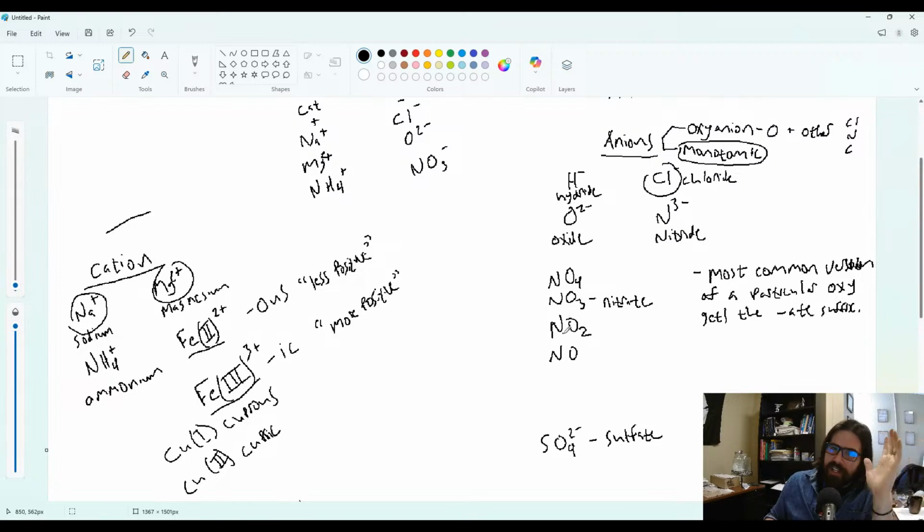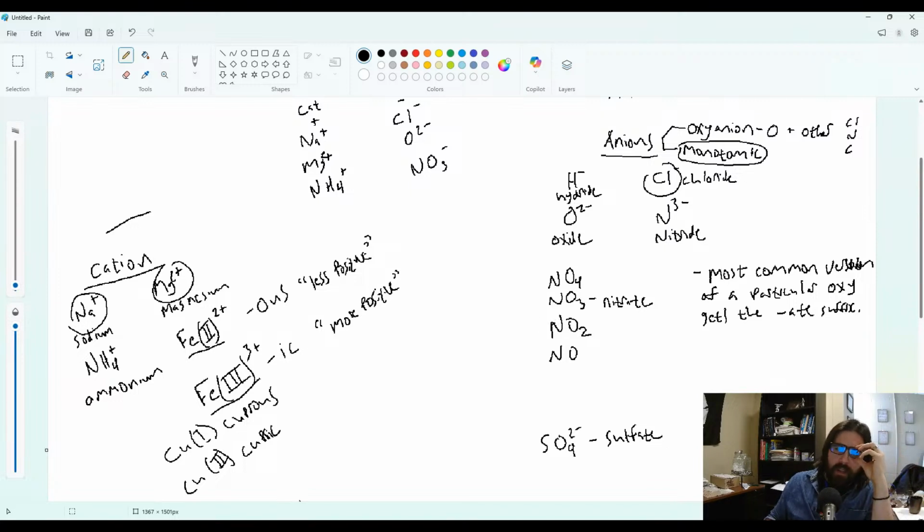So again, just because NO3 is called nitrate doesn't mean that every other combination of sulfur, carbon, whatever, and oxygen needs to have 3 oxygens in order to be called nitrate. You start off by figuring out what is the most common version of that oxyanion, and you give that most common version the "ate" suffix. Okay, so that's our starting point.